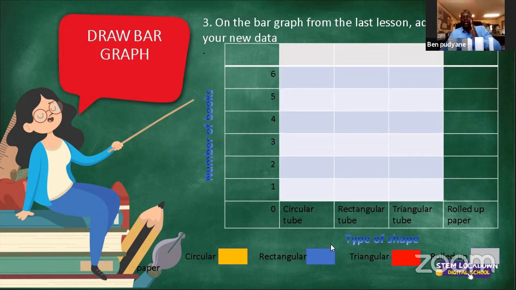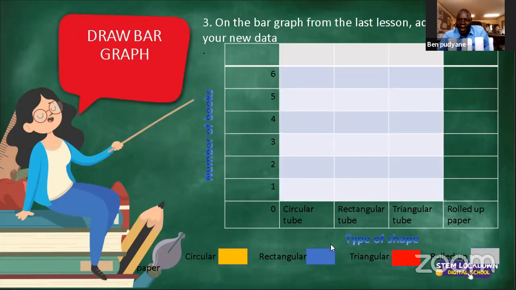Make it a bit longer, because on a circular tube, you write the number of books that it was. On the circular one, it was around 7. Then on the rectangular, I think it was 4. On the triangular, it was 3.